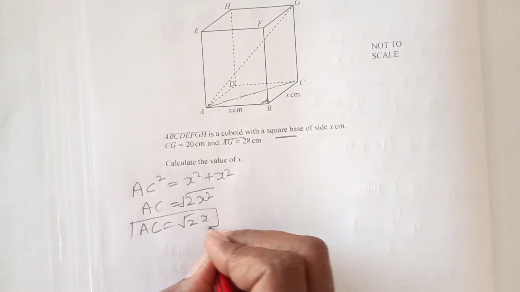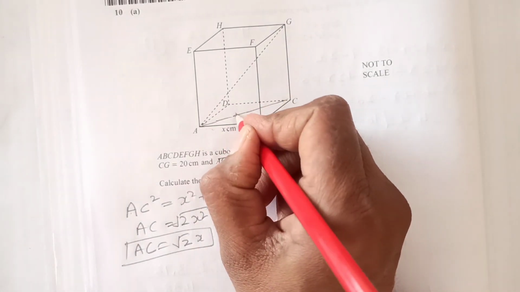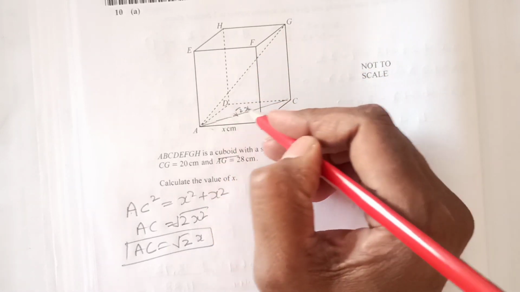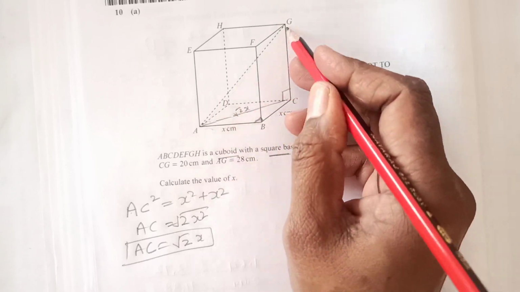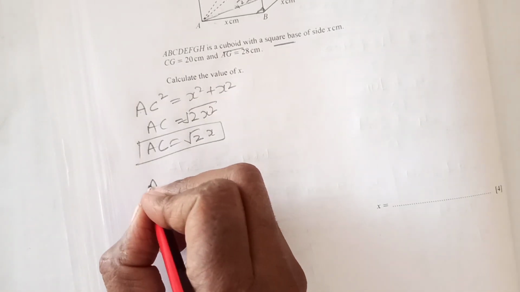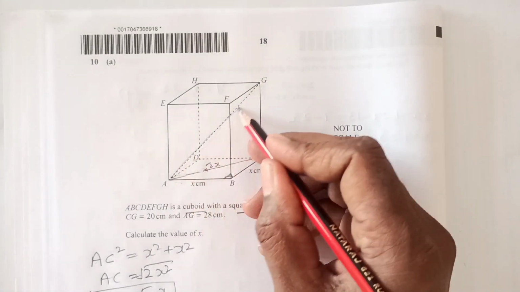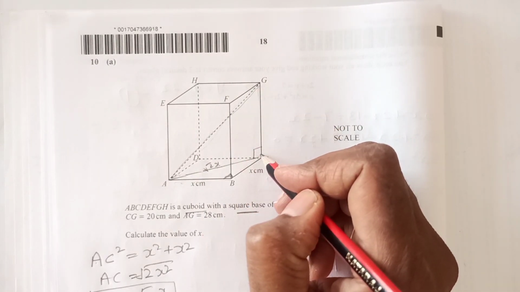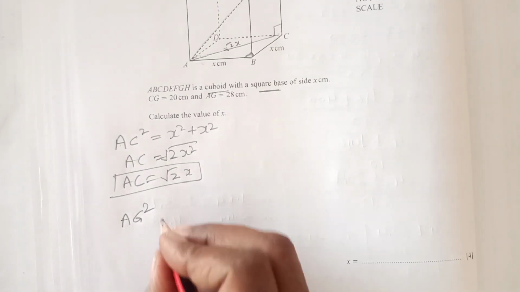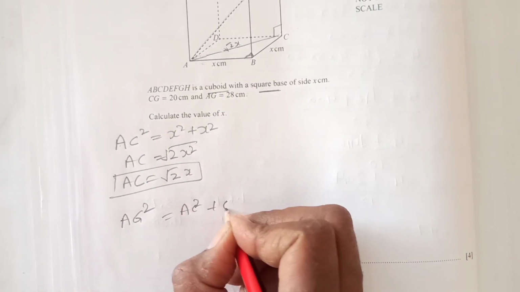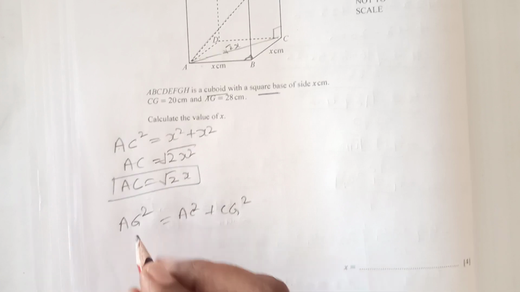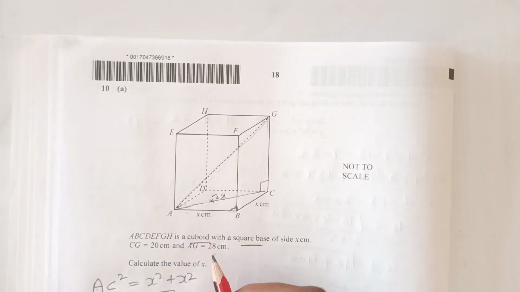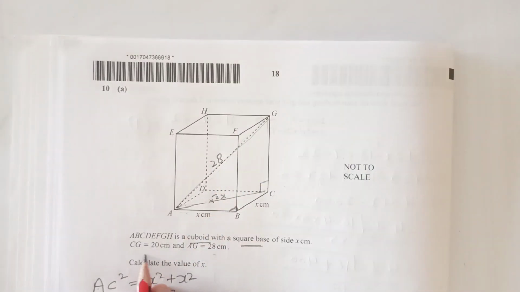Okay, so once we get the value of AC, which is square root 2x, now if we take this triangle, this is going to be 90 again. So again we will be using Pythagoras theorem on AG squared. AG squared is AC squared plus CG squared. Do we have AG? Yeah, AG is 28 and CG is 20.